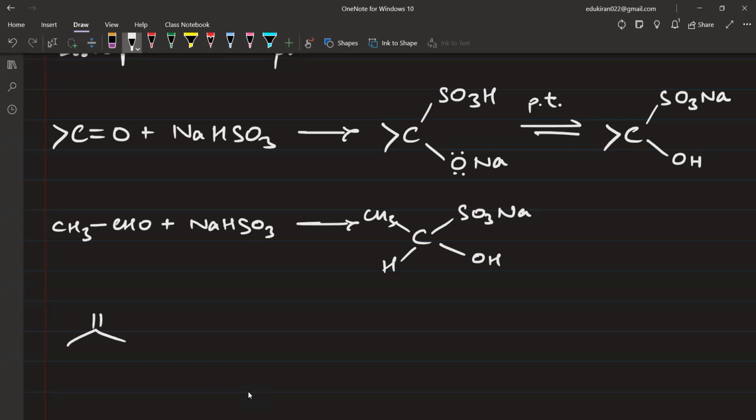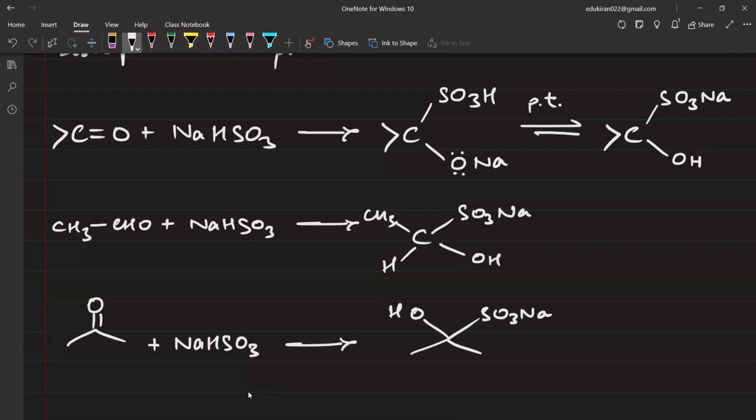Similarly, if you have a ketone plus NaHSO3, then the ketone's two carbon atoms will be as they are. The oxygen will become OH, so let me write this OH here and SO3Na here.